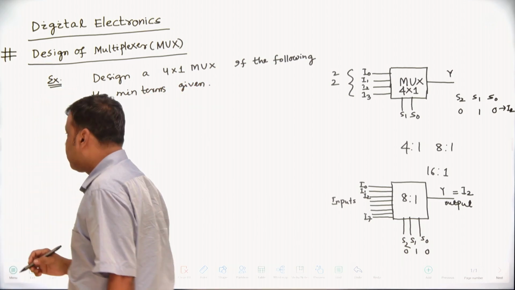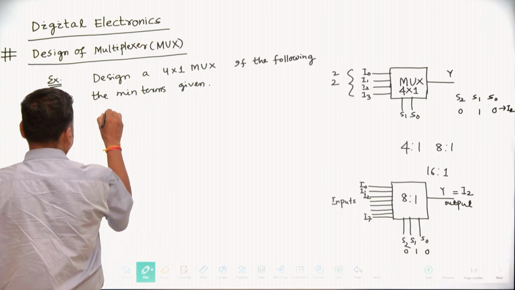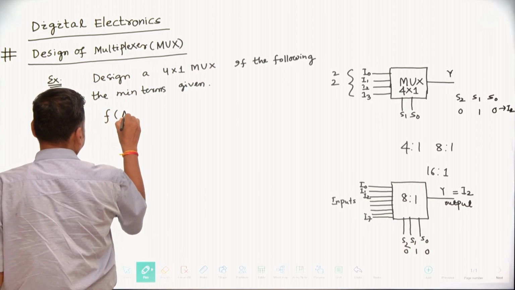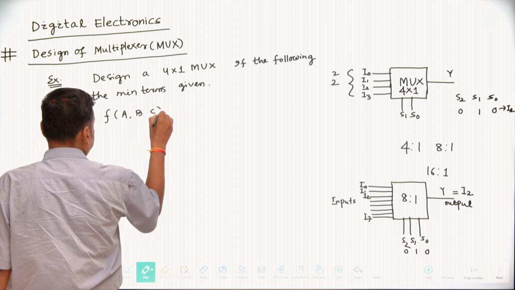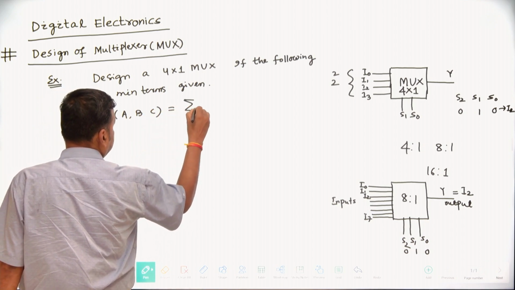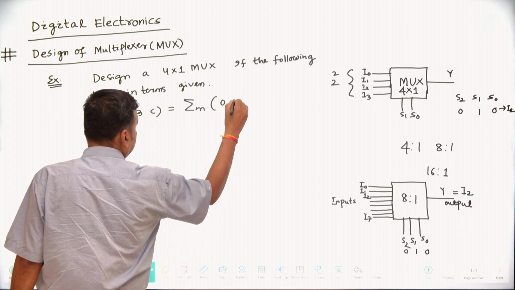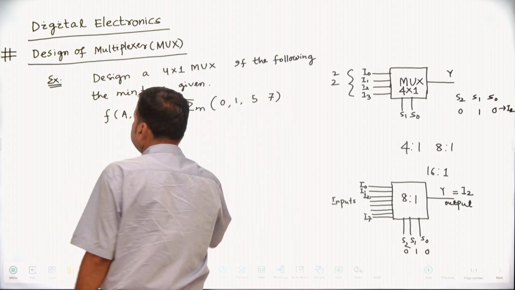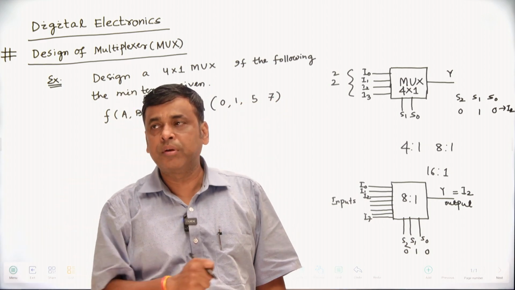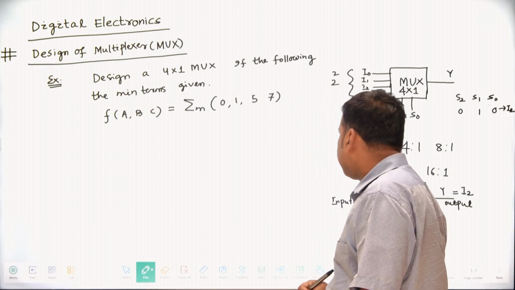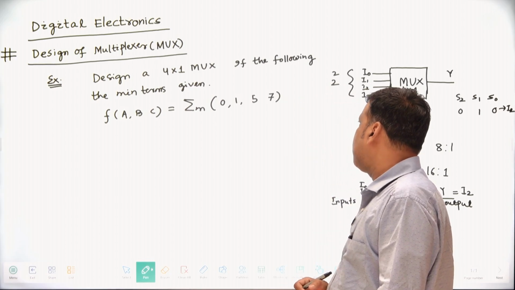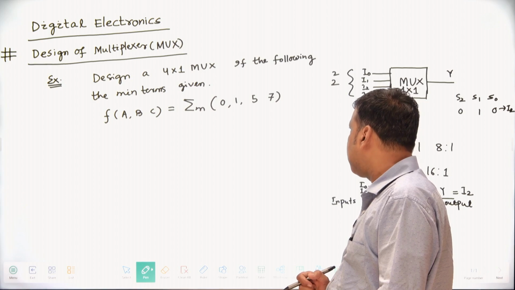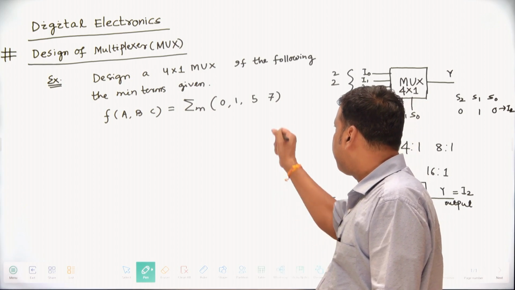What do you understand by this? Suppose f of a, b, c equals sigma 0, 1, 5 and 7. This type of question is frequently asked in university examinations. You have been asked to design a 4:1 MUX if the following minterms have been given.